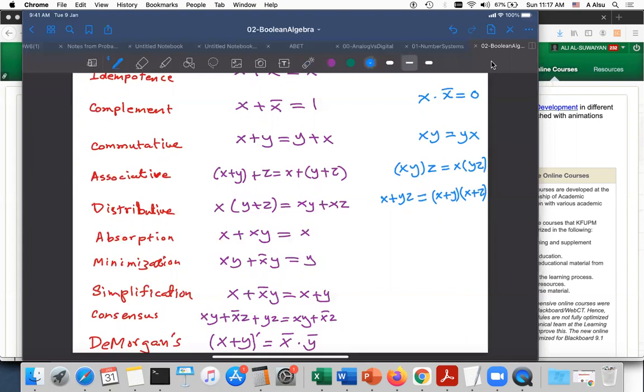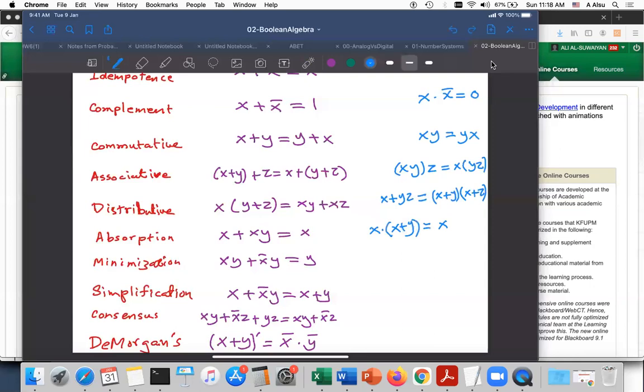Wake up. x AND x or y, like this, is equal to x. No, wrong. Why? Because you missed the brackets. So there has to be brackets here.